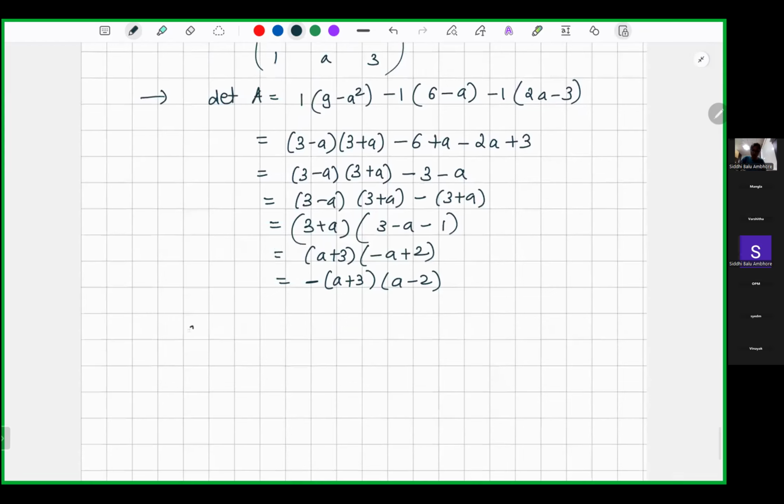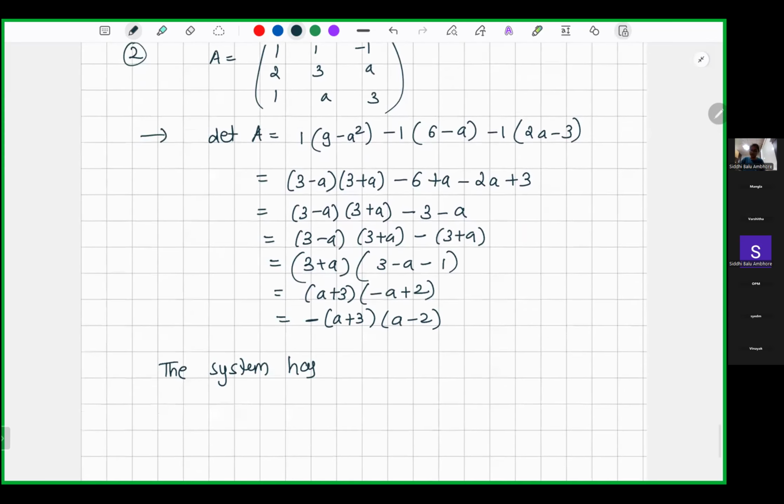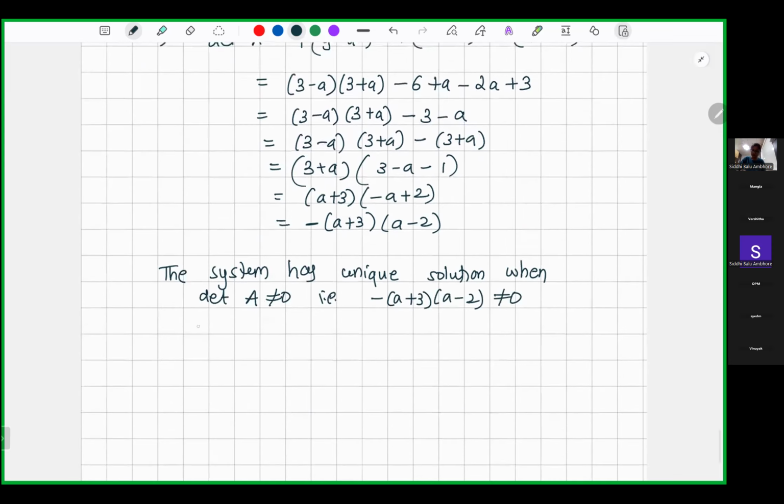And so therefore, the system has unique solution when determinant of A is non-zero. That is, again, this minus A plus 3 and A minus 2 is non-zero.